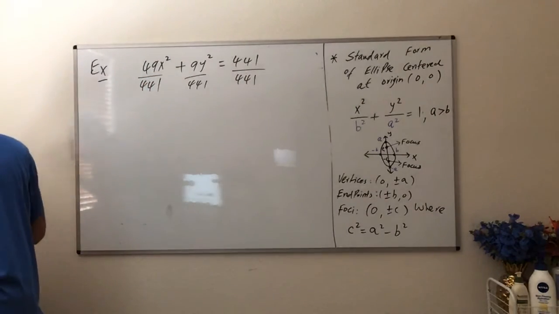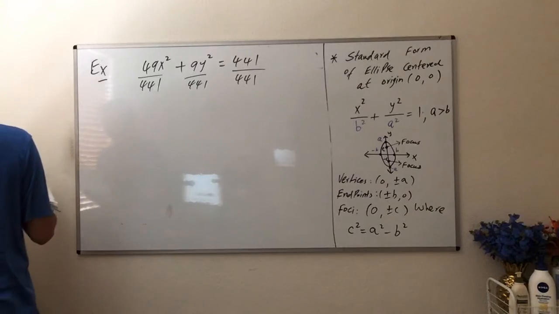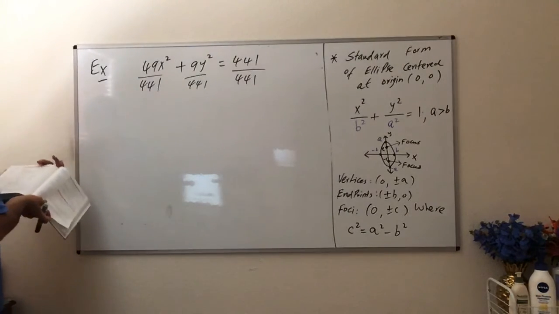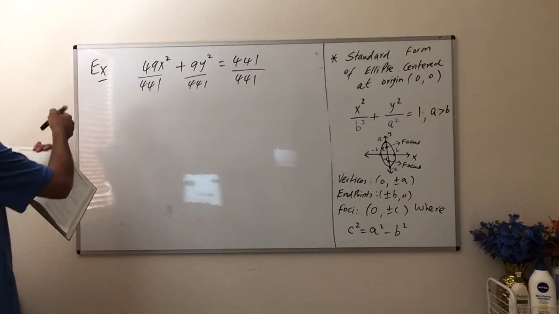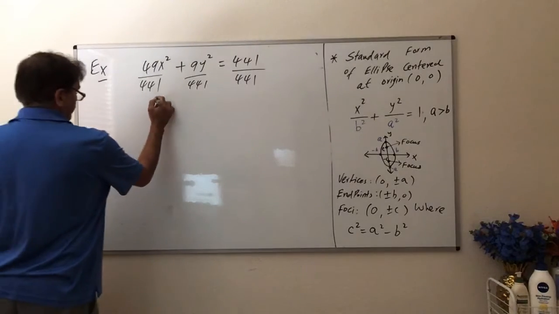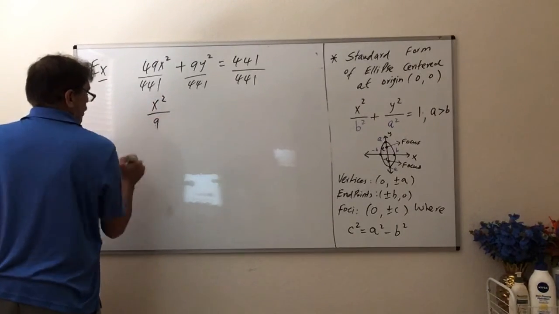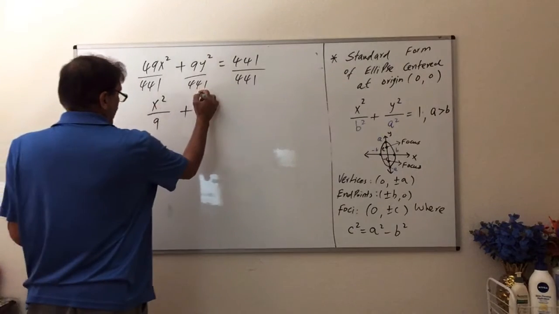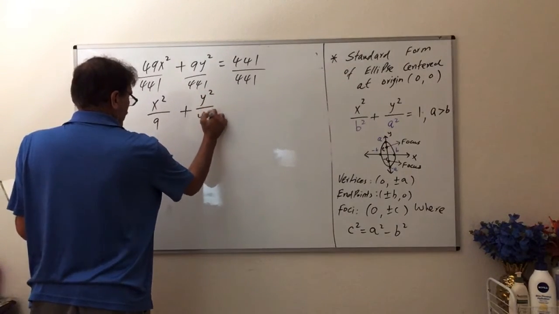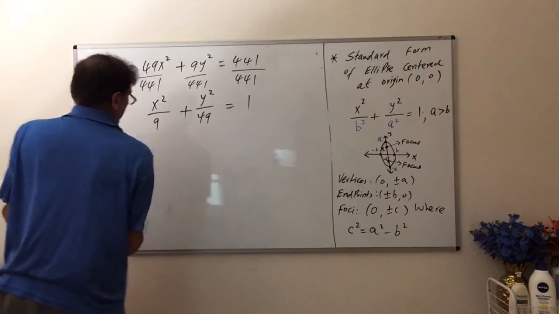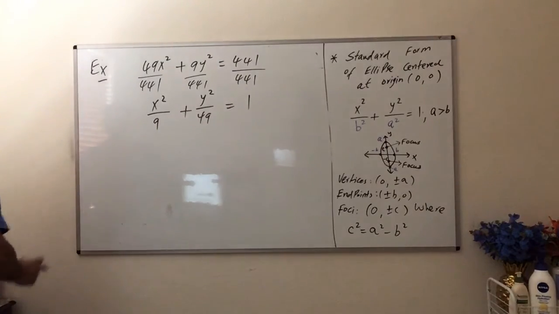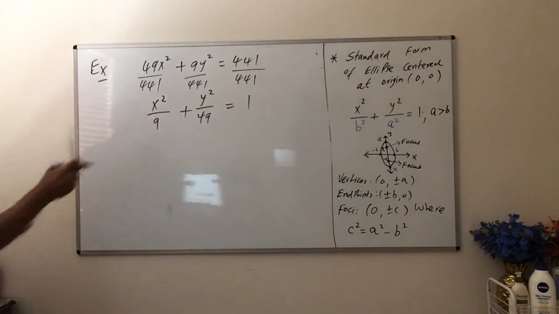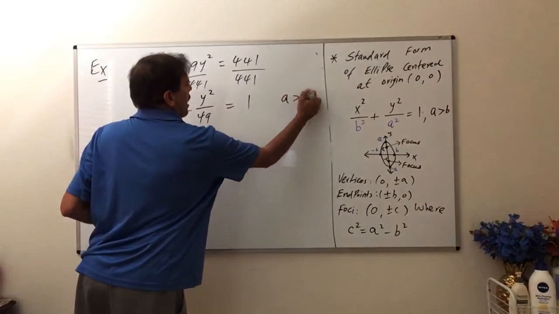So now, using the calculator, it will be x squared over 9 plus y squared over 49 equals 1.